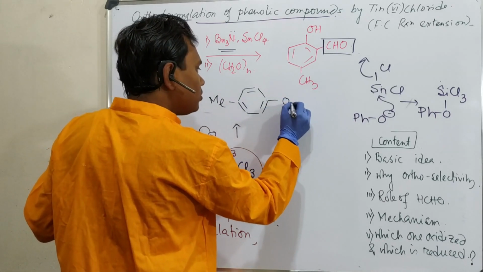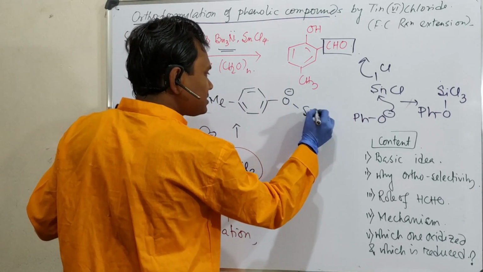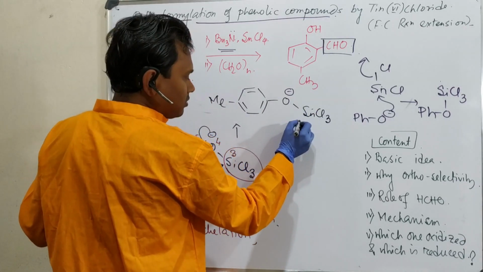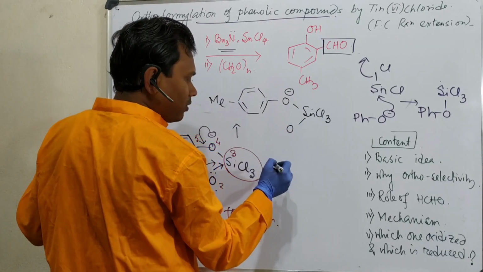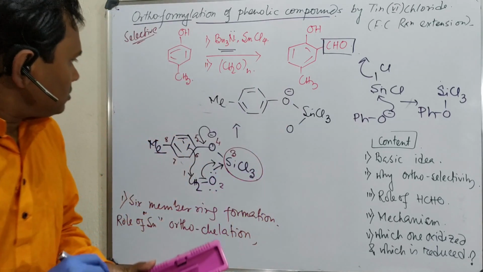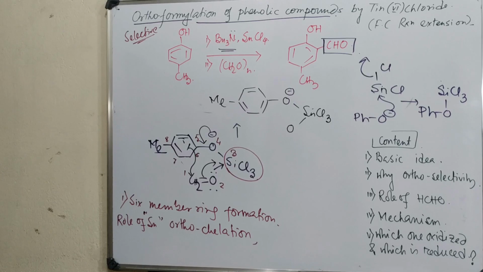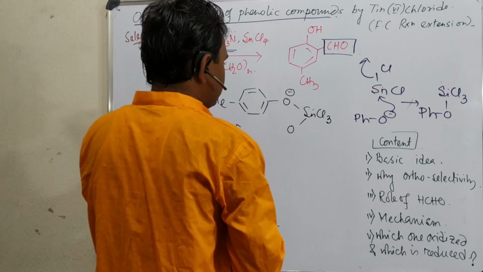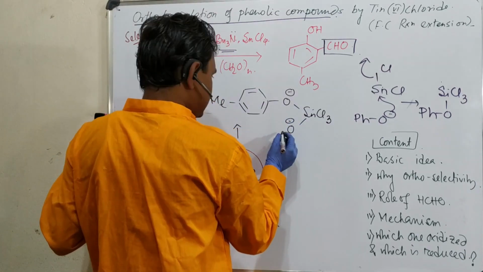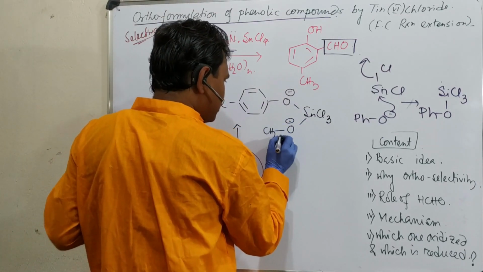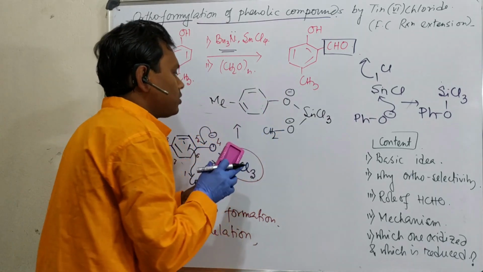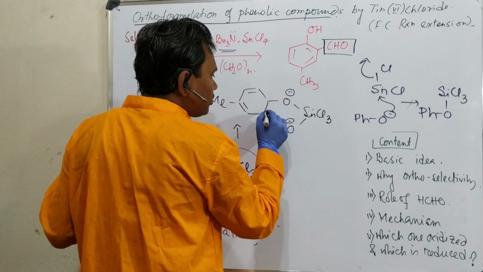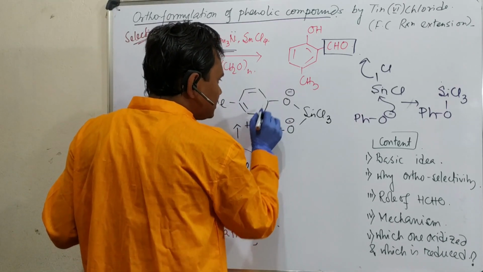This is O minus, this is SnCl3. Here also O minus will form a bond, and the negative charge is here, here CH2, and there is a new bond formation, meaning this carbon-carbon bond formation, and one hydrogen is here.